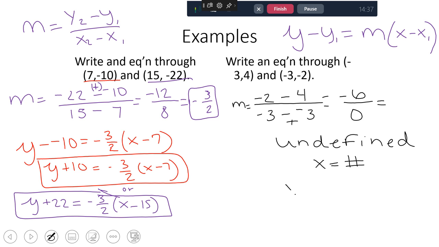So my equation is going to be x equals negative 3. No matter what form they're asking you to write it in, if it's a special case that it's undefined, it will always be x equals whatever the x values are. And the x values will always be the same. Otherwise, it won't be undefined. Okay?